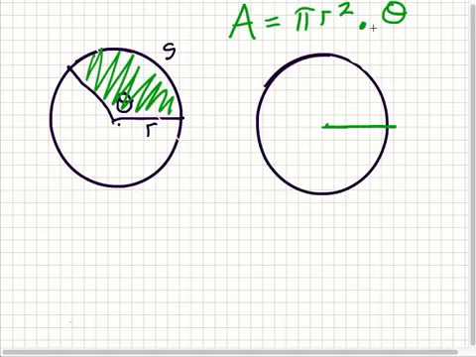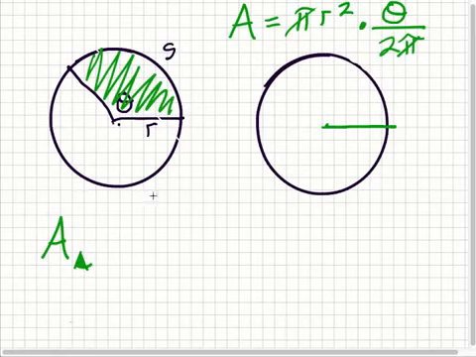A full circle would be 2 pi, and when we multiply this together, the pi's divide out. What we end up with is the formula for the area of a sector. And that formula is 1/2 r squared theta. And again, theta has to be in radians.